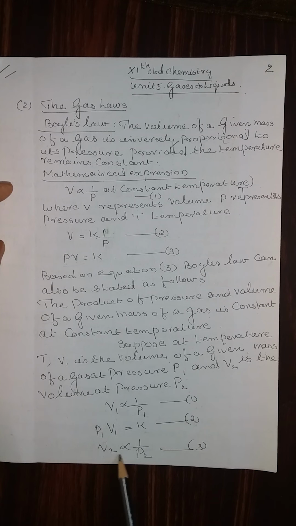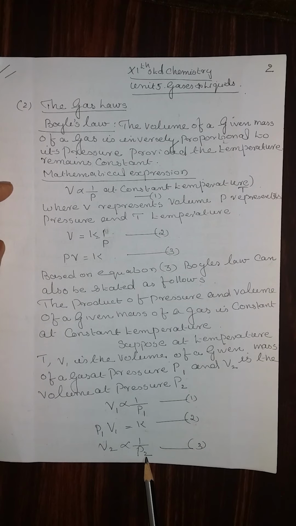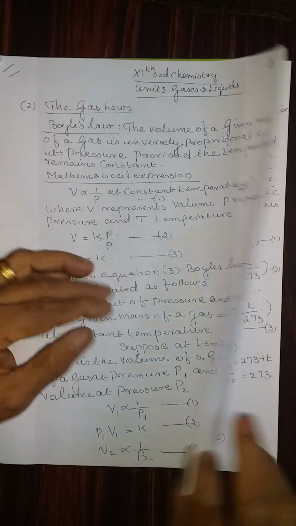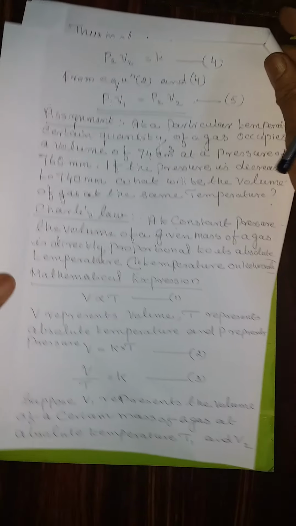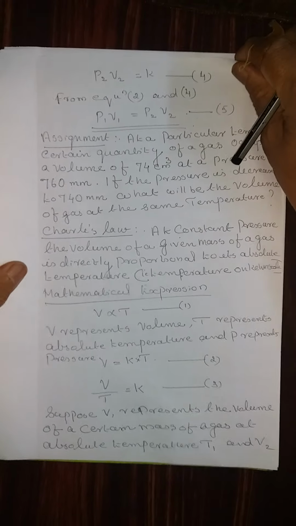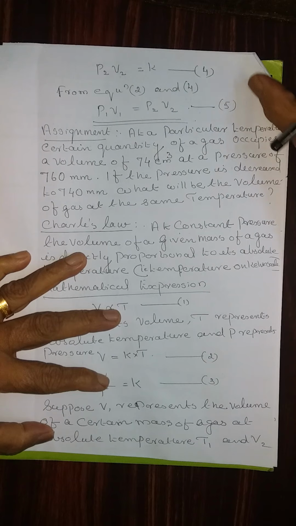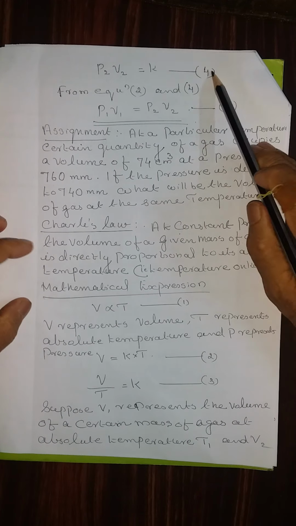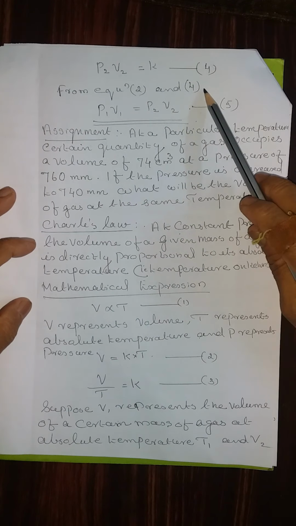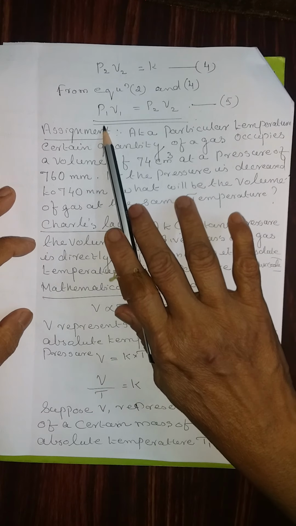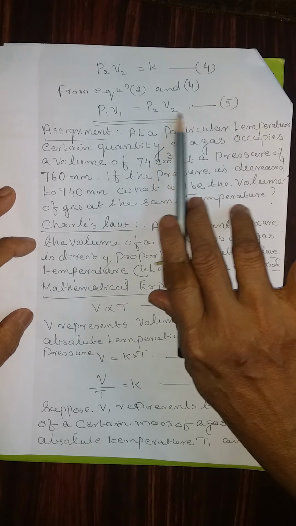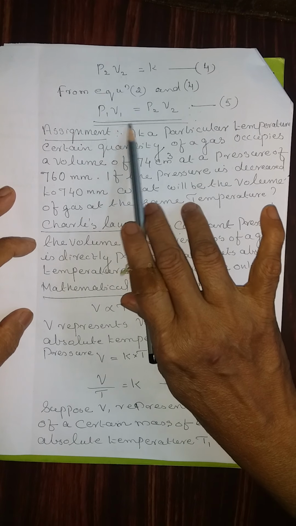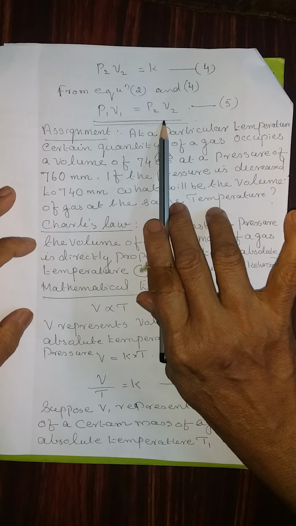Then V2 is inversely proportional to P2, equation 3. P2 V2 is a constant, equation 4. Combining equations 2 and 4, we get P1 V1 is equal to P2 V2. This equation is mainly used for solving the problem.